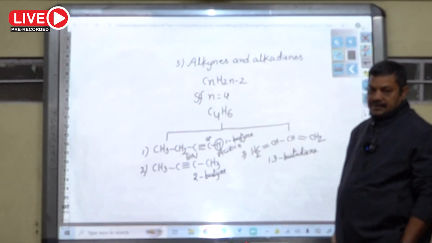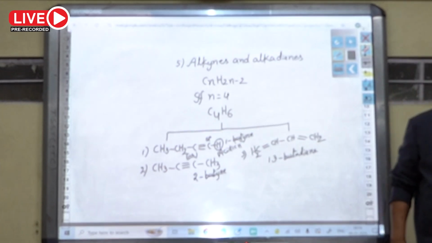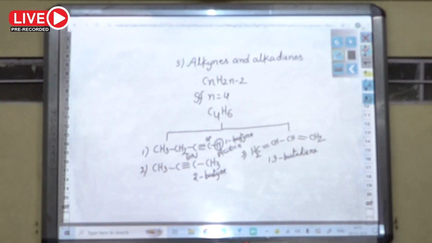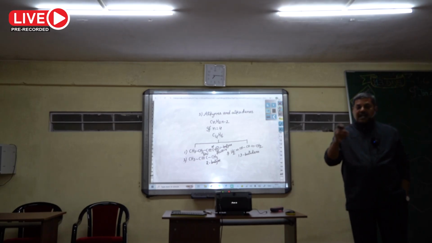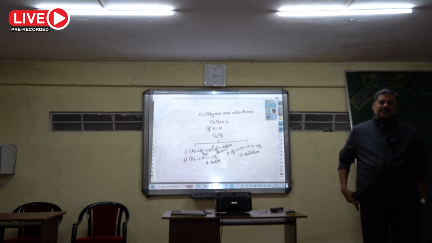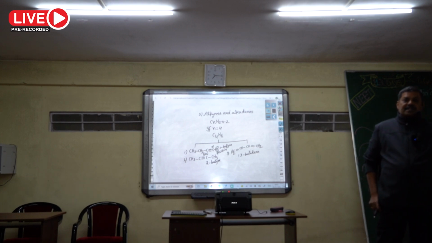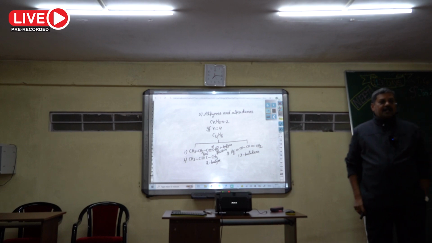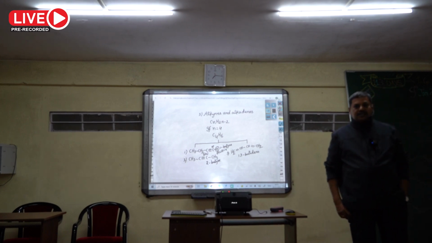That's why, if you want to distinguish 1-butyne from 2-butyne, you add some sodium metal. 1-butyne will liberate hydrogen because it has acidic hydrogen. 2-butyne has no hydrogens directly attached to triple bonded carbon.